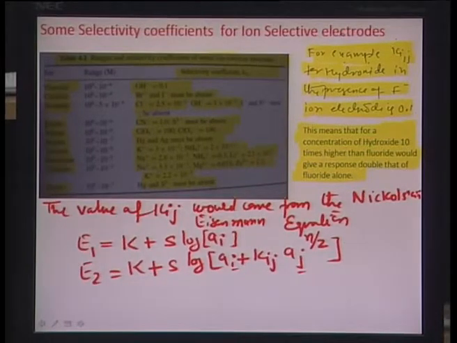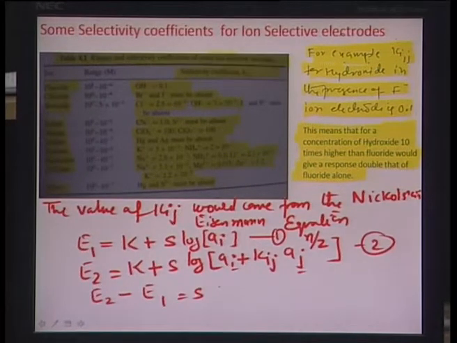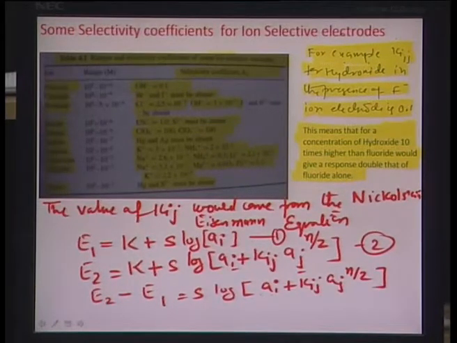If you just try to calculate Kij here, it could come out from subtracting equation 1 from 2, and we can get E2 minus E1 is S log of Ai plus Kij Aj to the power n by Z, divided by Ai, right.